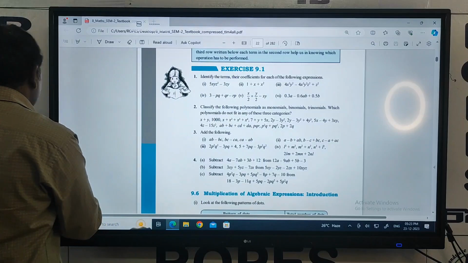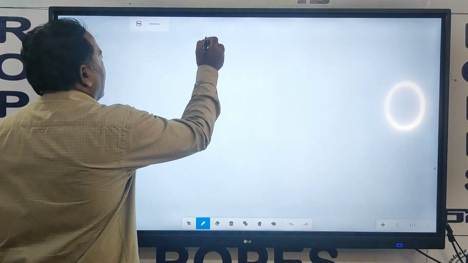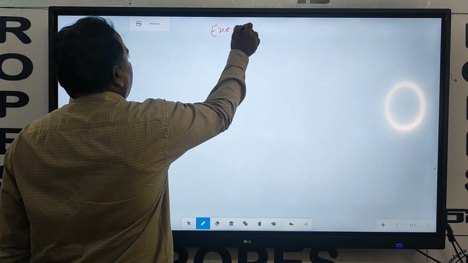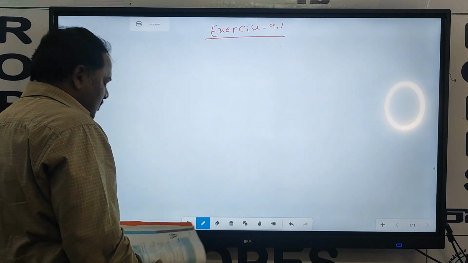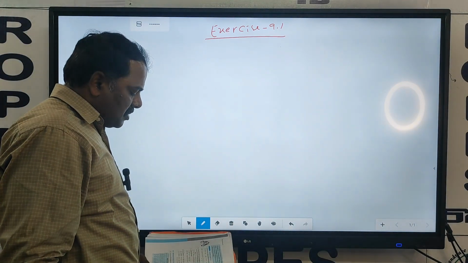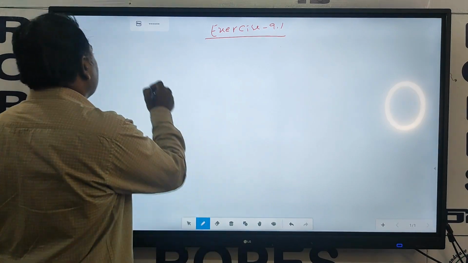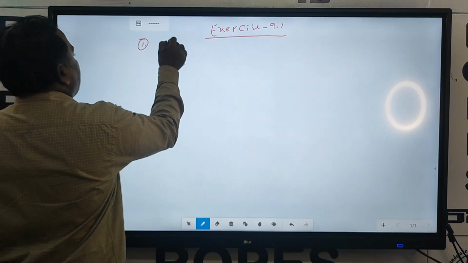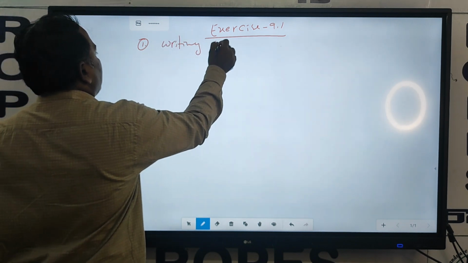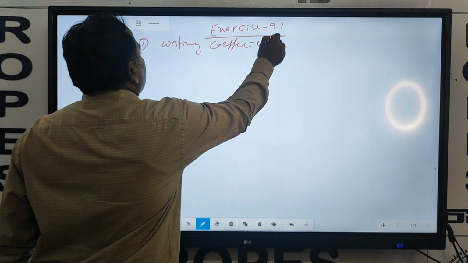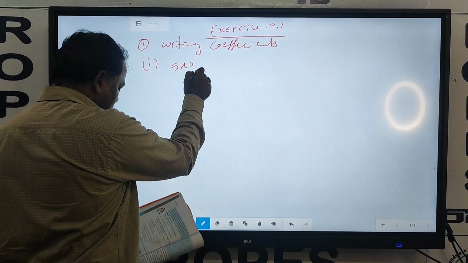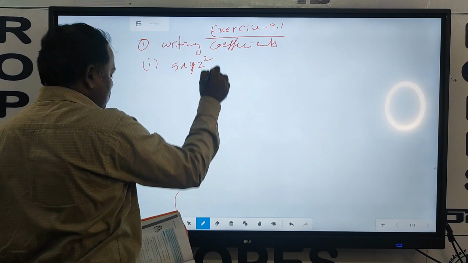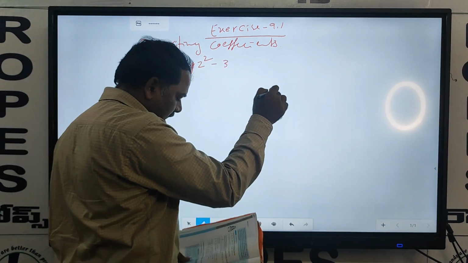Now see, all of you observe this clearly. First exercise 9.1. See what they given. First question, identify the terms and their coefficients in each of the following. See, first one, writing coefficients. In the first one we have to write 5xyz square, xyz square minus 3zy.